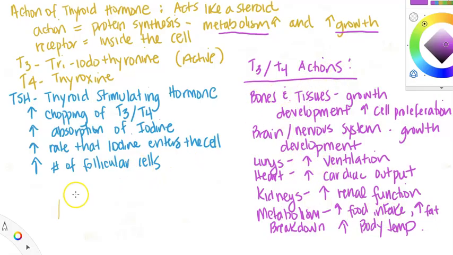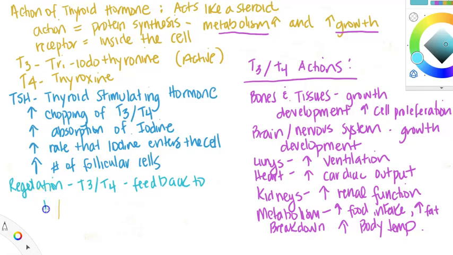So the feedback control of this hormone, I'm having trouble spelling today, regulation. So the level of T3 and T4 in the blood will feed back to the anterior pituitary and the hypothalamus.